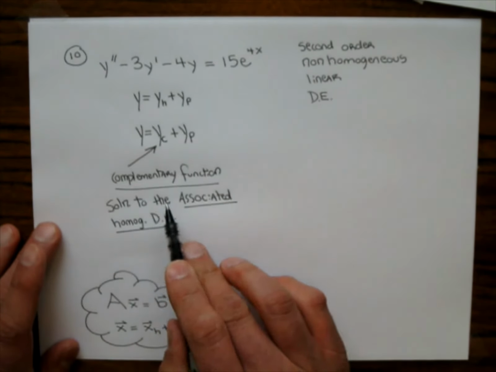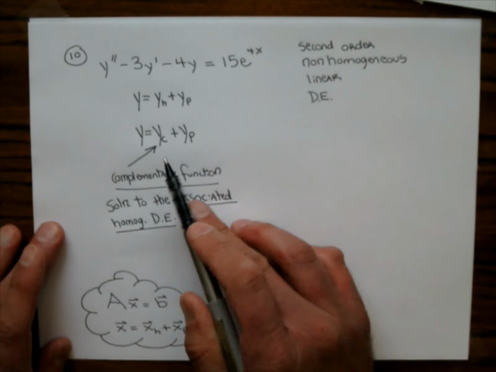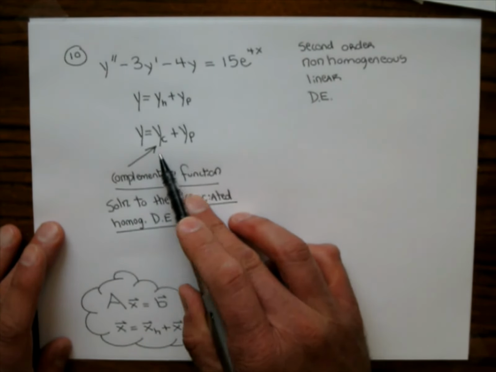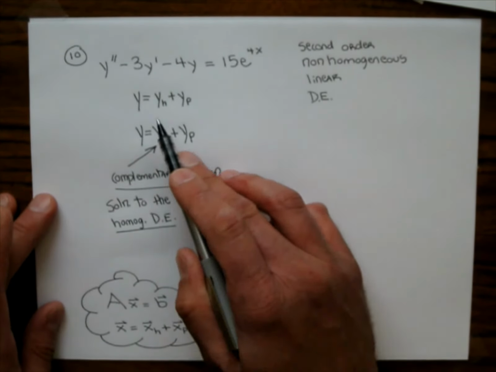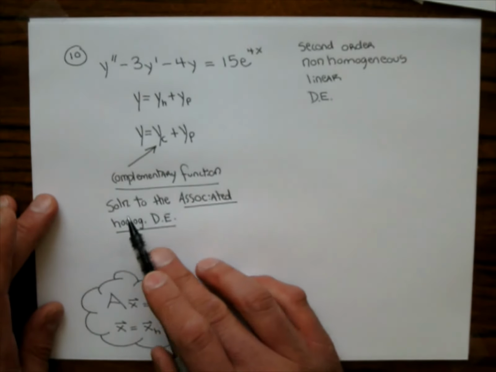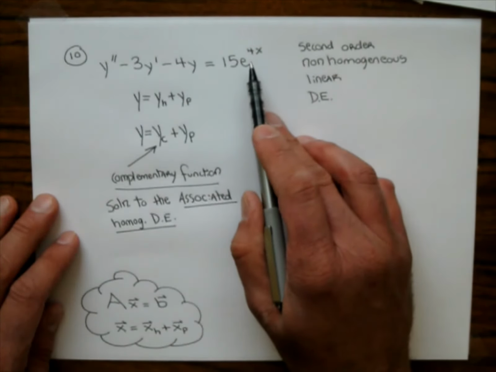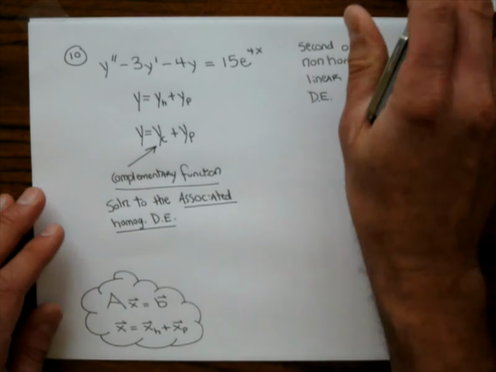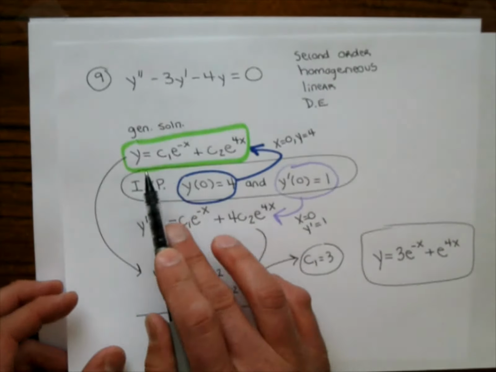So this is called the complementary function, or the complementary solution, instead of calling it the homogeneous one. They just call it the complementary one. We could still call it the homogeneous solution. And it's the solution to the associated homogeneous differential equation. That means if there was a 0 there, basically, it happens to be this solution right here.